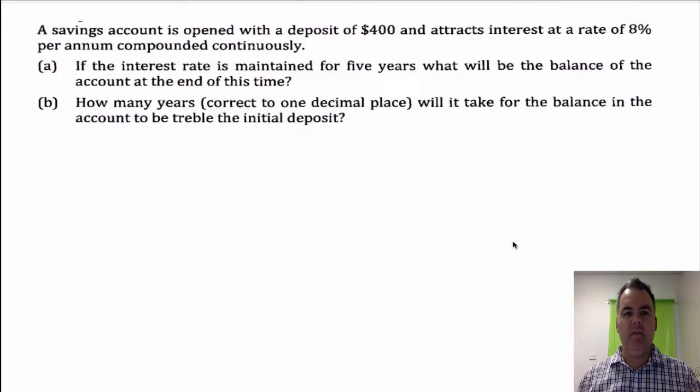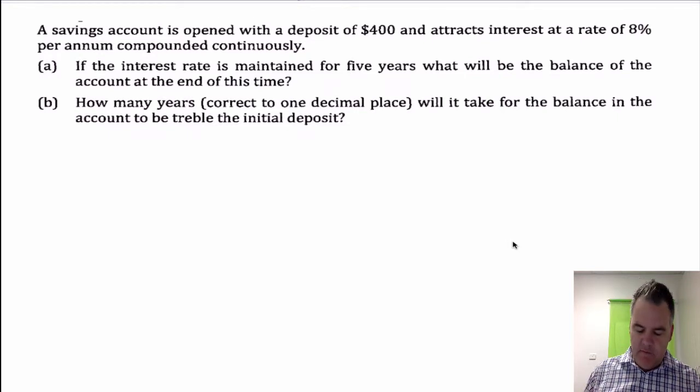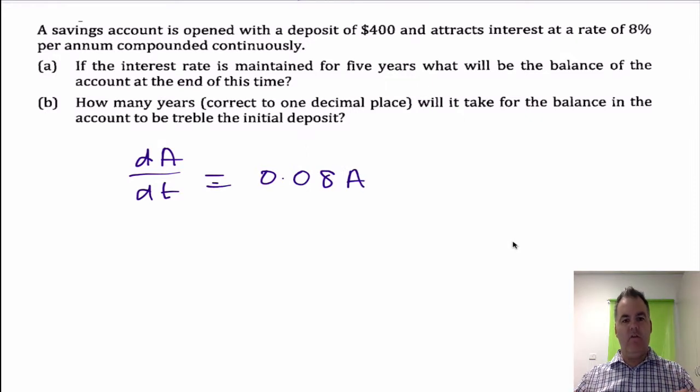Last one here, savings account. Here we've got 8% interest compounded continuously. So the rate that your money is growing, let's call the amount of money you have A, is equal to 0.08 times A, only in this situation where it's compounded continuously.